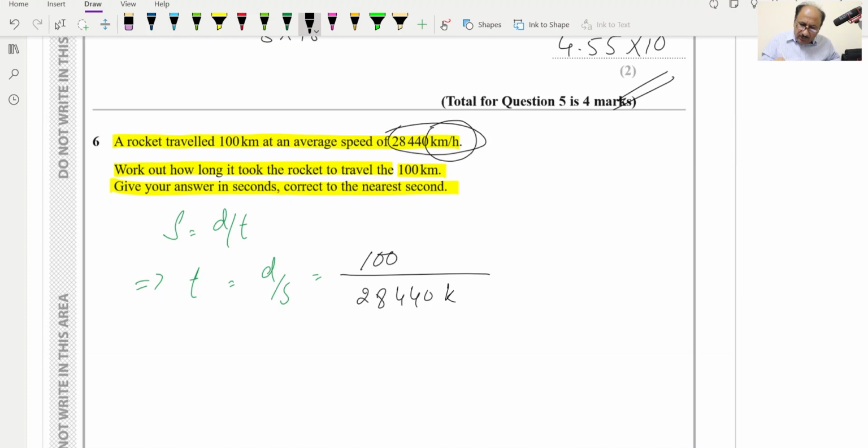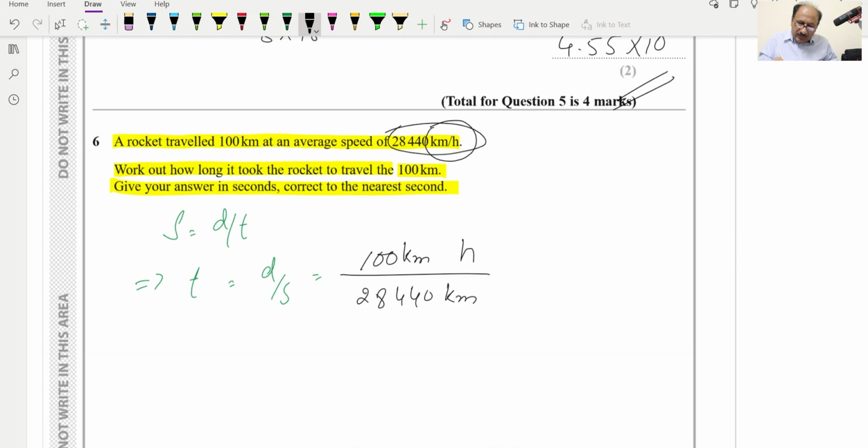So this will be kilometers over here. This is also 100 kilometers and kilometers per hour, so it means hour will be over here. For your understanding, I will write per hour over here, and then you can shift this hour as numerator because this will be a fraction.